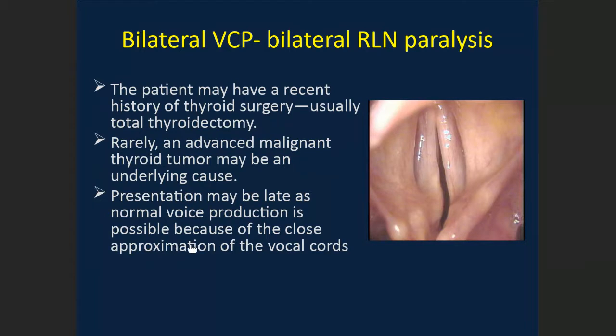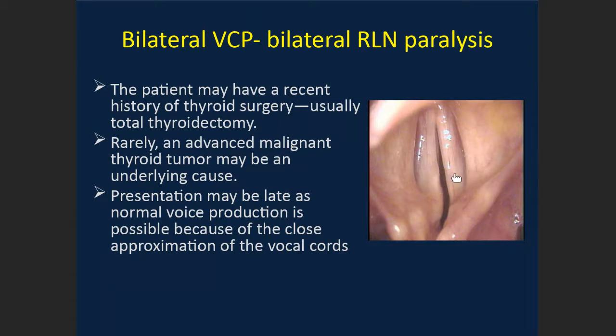Sometimes, very rarely, the presentation may be late with normal voice production, because of the position of the vocal cord. If the paralysis is not in the midline, it does not lead to respiratory distress. In the midline, it narrows the airway and the patient will have distress.